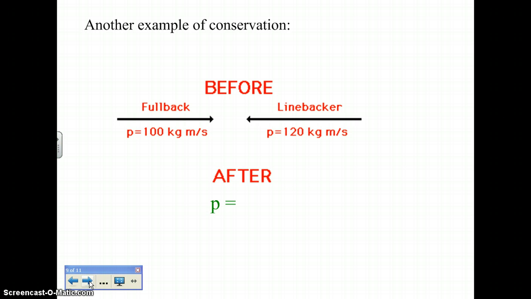Okay, here's another example. A fullback and a linebacker collide with each other. One has a momentum of 100 kilograms times meters per second. The other one is 120. One is heading towards the right, the fullback. One is heading towards the left, the linebacker. So what's the momentum here? Calculate it real quick. Please don't grab your calculators. You have a positive 100 and you have a negative 120.